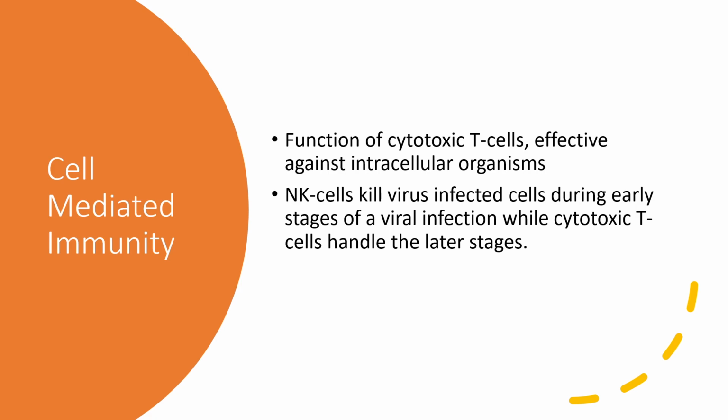So next we have the function of cytotoxic T cells and cell-mediated immunity. Cell-mediated immunity is particular for our intracellular organisms. Natural killer cells kill virus-infected cells during early stages of a viral infection, while cytotoxic T cells handle the later stages.